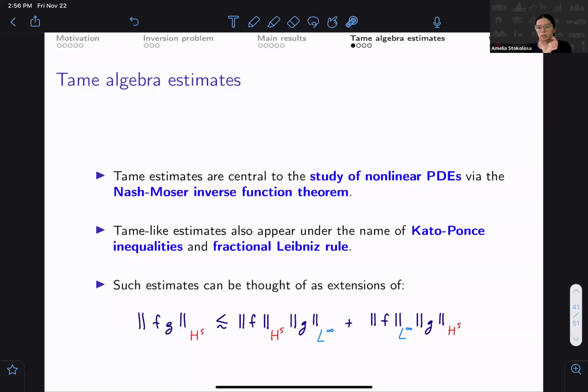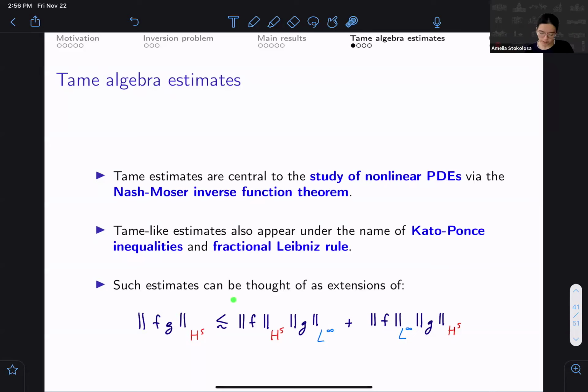There are some intermediate terms where the derivatives are going to hit both f and g. But this estimate here is telling you that the intermediate terms are bounded above by the extreme terms where all the derivatives either hit f or all the derivatives hit g. And you take the L infinity norm without taking any derivatives of the other function. So this is a stronger estimate than the estimate that would follow from the Leibniz rule.